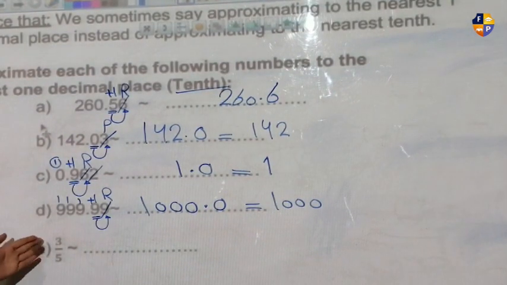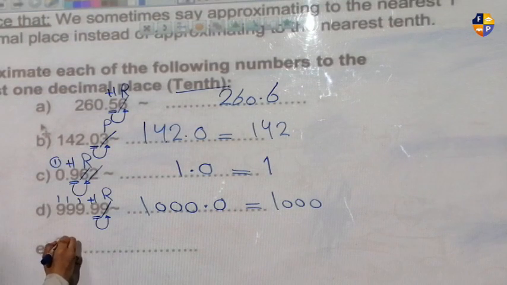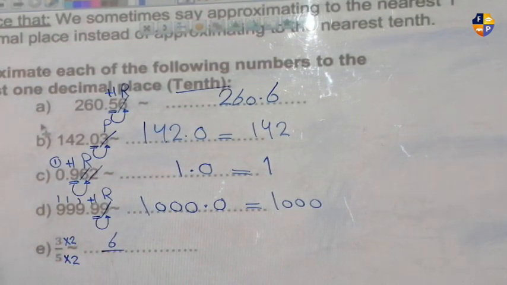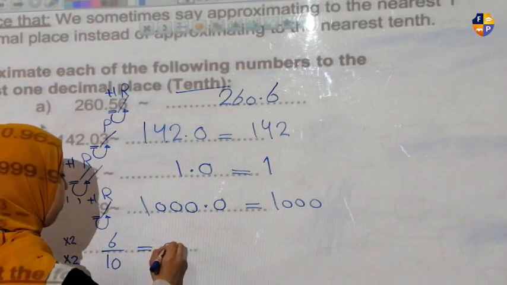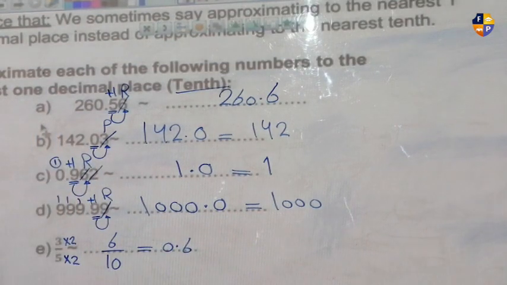And here I have the fraction 3 over 5. This fraction I will convert to a decimal number, so the denominator should be 10 or 100 or 1000. So I will multiply both the numerator and denominator by 2. 3 times 2 equals 6, and 5 times 2 equals 10. 6 over 10 equals 0.6. And now I will do the approximation.